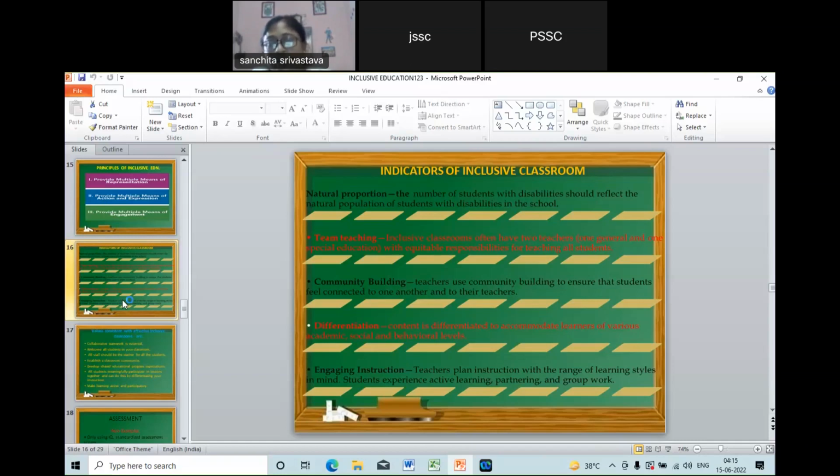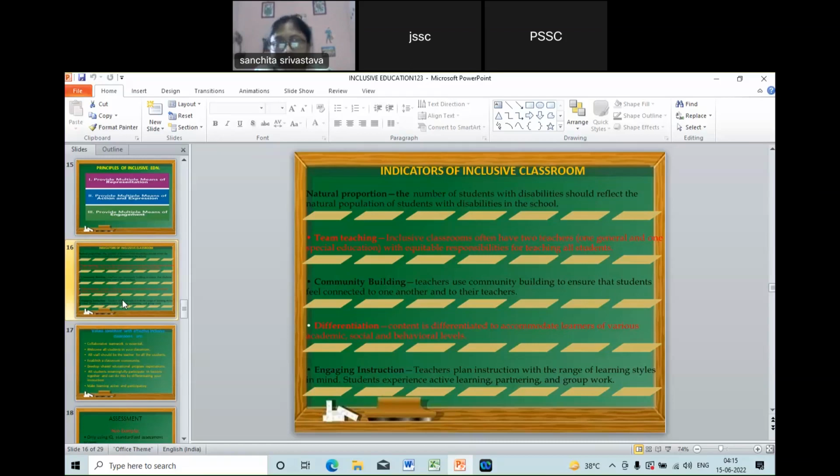Now students experience active learning, partnering and group work. See, group work is very, very important. When you engage these children in group work, you create a bond. That bonding has to be done among the peer group, and if they are working in a group united, the outcome is something overwhelming.